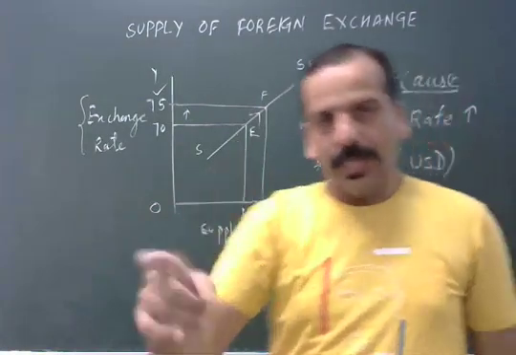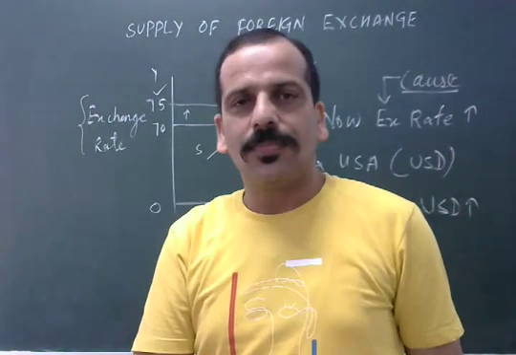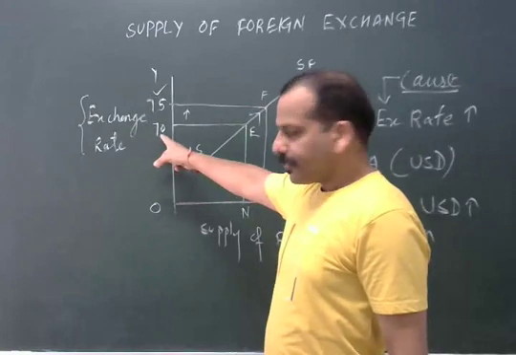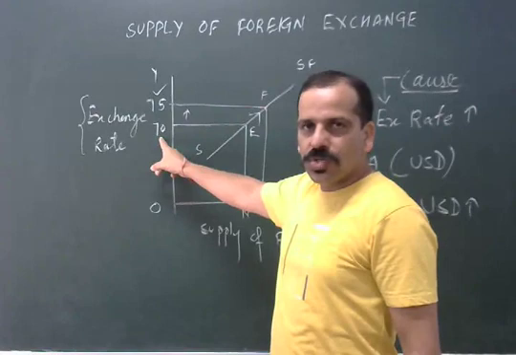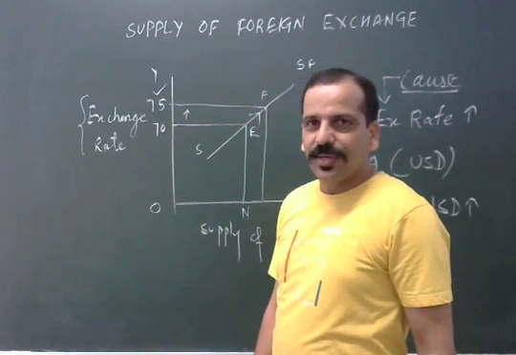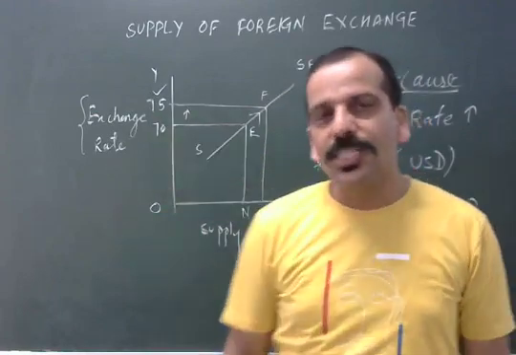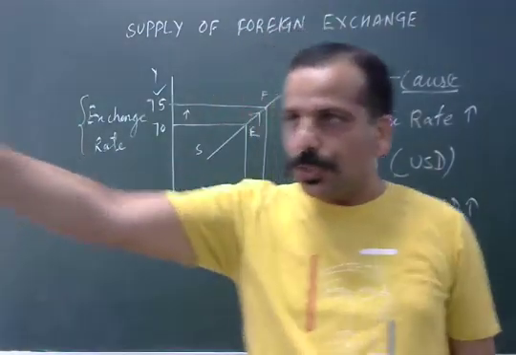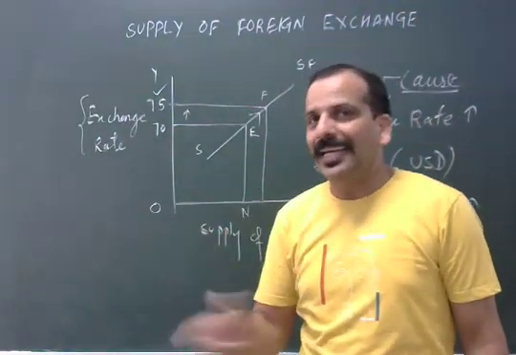Let's say you are working in America and you are getting $1,000, and the exchange rate is 70 rupees. Now the exchange rate is 75 rupees. So how much increase is there in your real income if you want to send the money to your parents or near and dear ones in India?